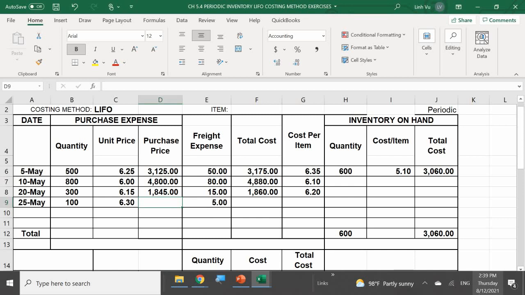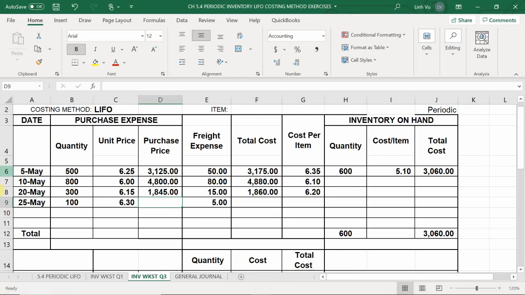So what's my total purchase price here? 630. 630 plus $5 is 635, which then gives me a total cost per item of $6.35.